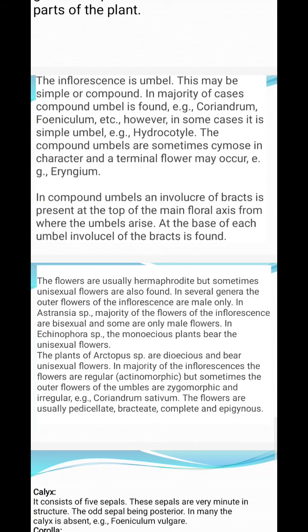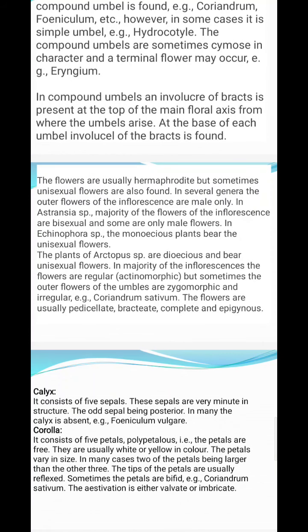Next slide is about the flowers. They are usually hermaphrodite, but sometimes they become unisexual flowers, and in several genera the outer flowers are male only, and the majority of the flowers in the inflorescence are bisexual.